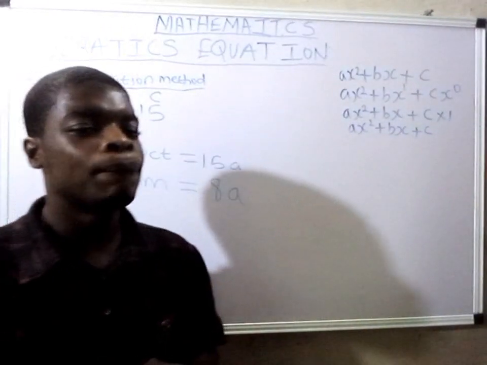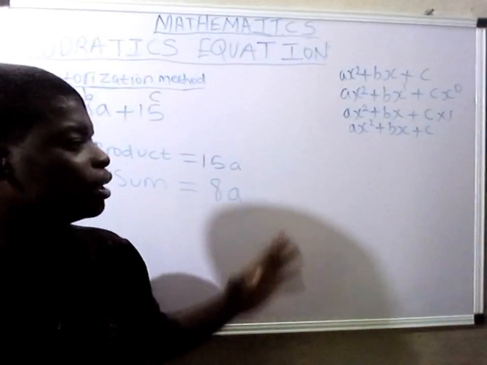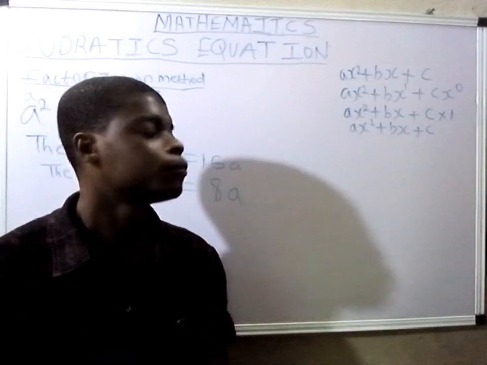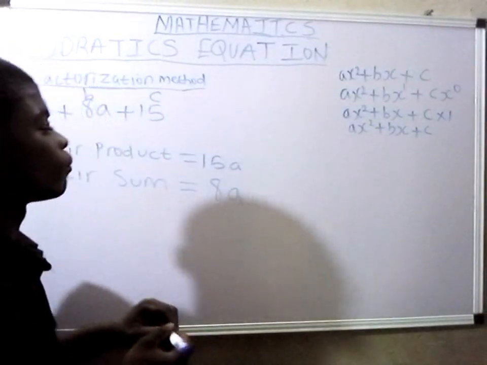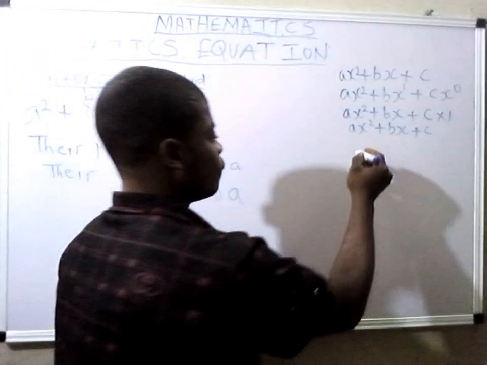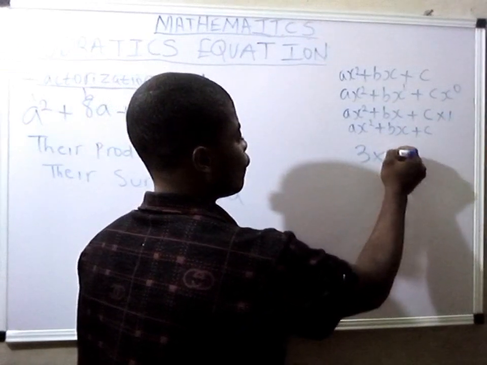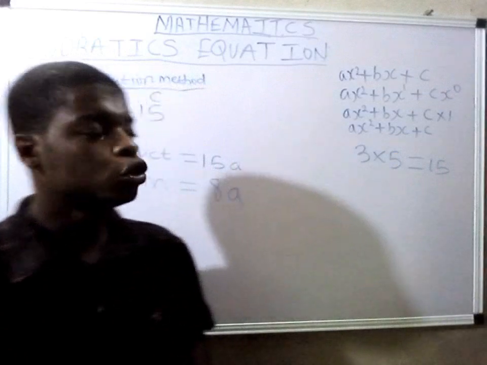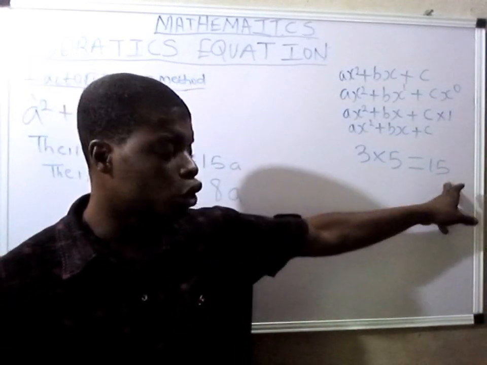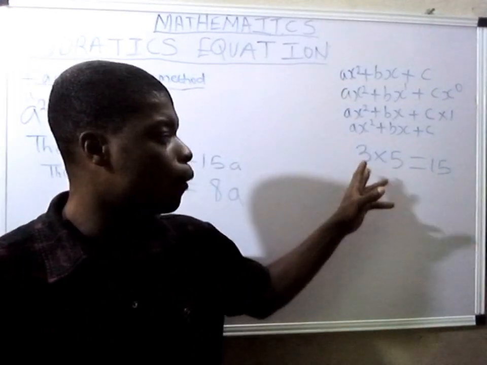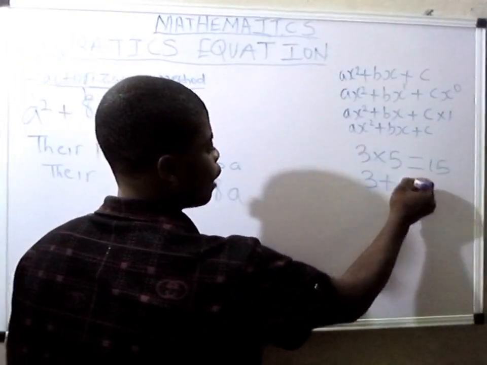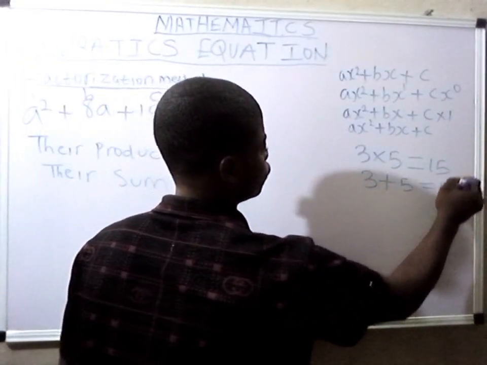So let's try, because this factorization method is like a trial and error method. We can say that 3 times 5 will give us 15. So we have gotten their product. Then the sum, we can say that 3 plus 5 equals 8.